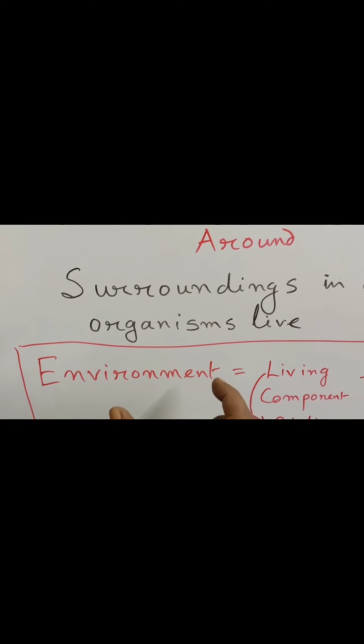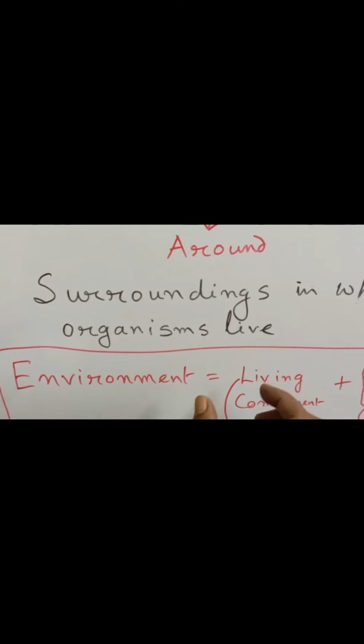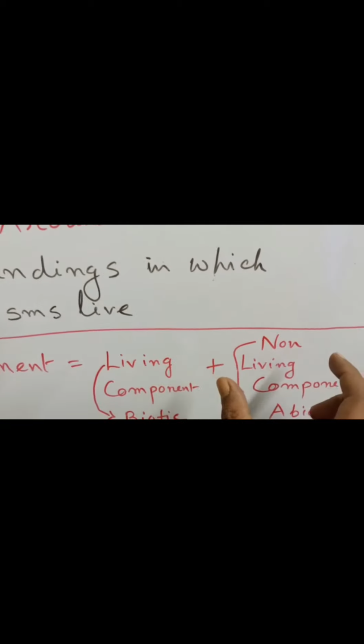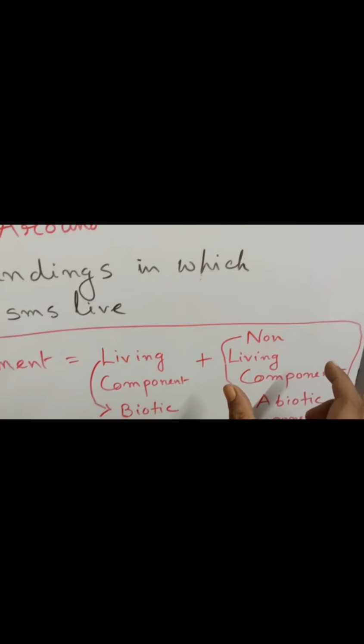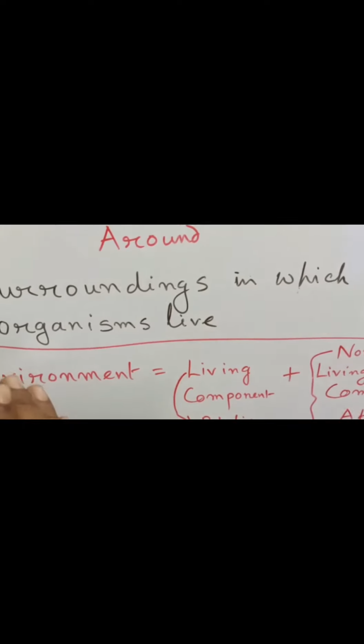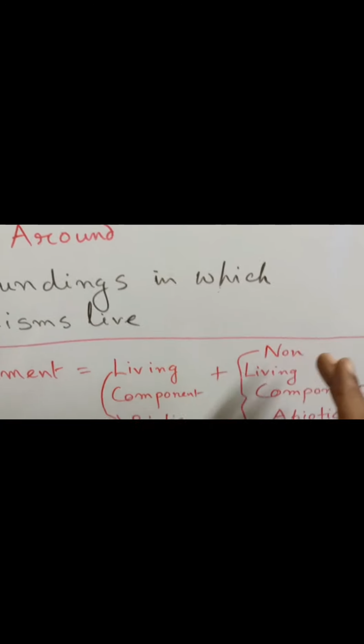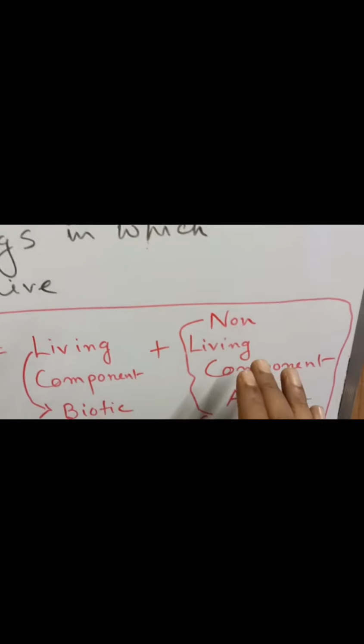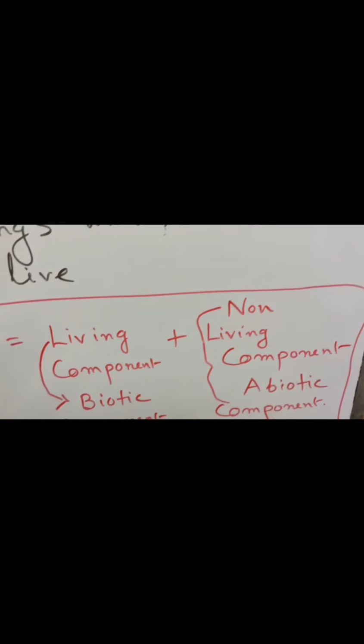Environment is equal to living components plus non-living components. So environment is the sum total of living component and non-living component.